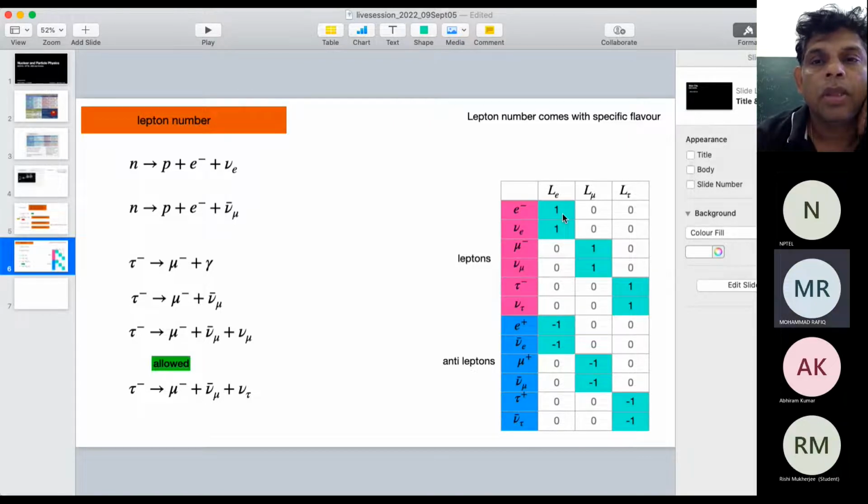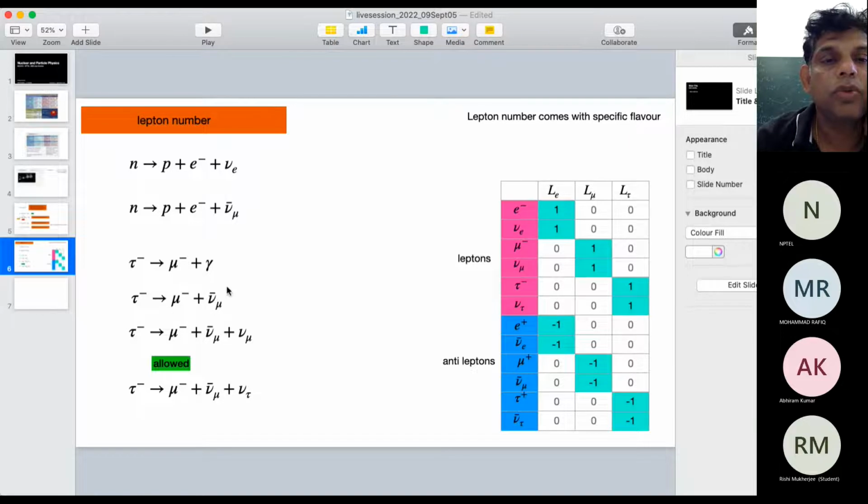And the second one, what is the problem? The problem is that it is an electron and a muon-type neutrino, and also the charges are different, so that is not allowed. Similarly, for tau going to mu minus, you have to have something else with that. Whereas tau going to mu minus plus nu, that has a problem also.